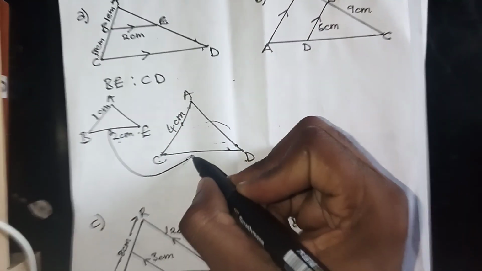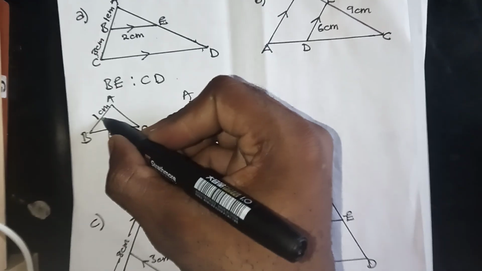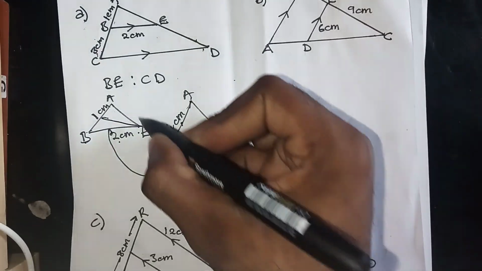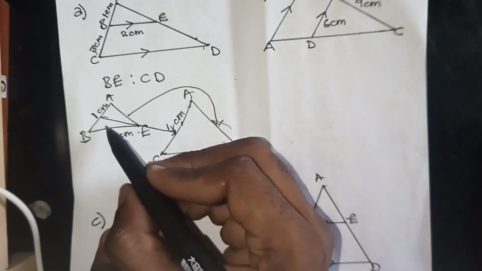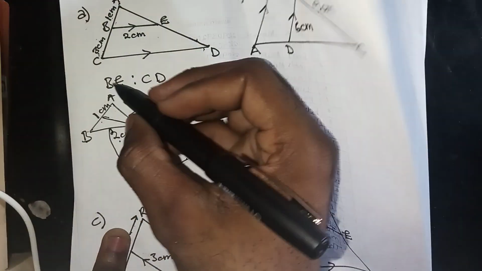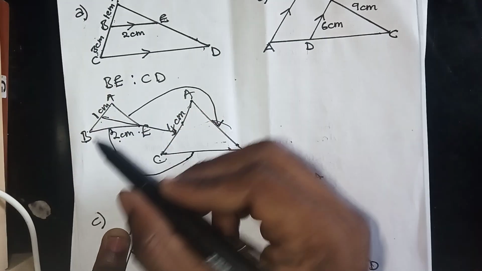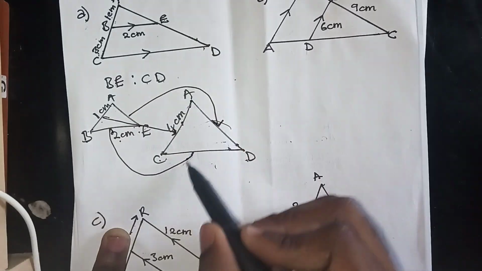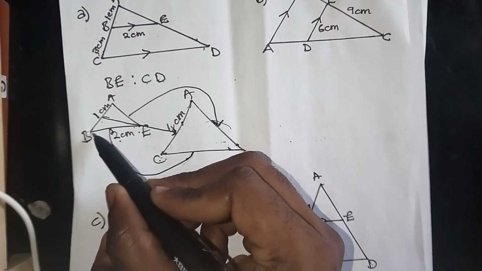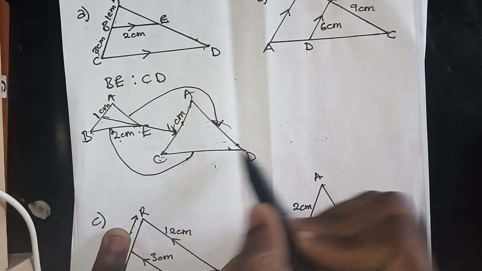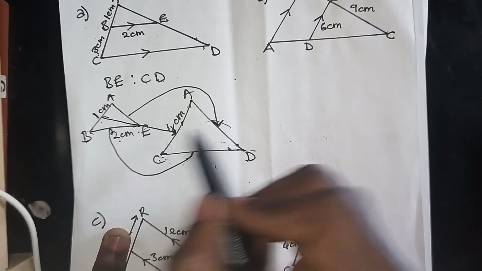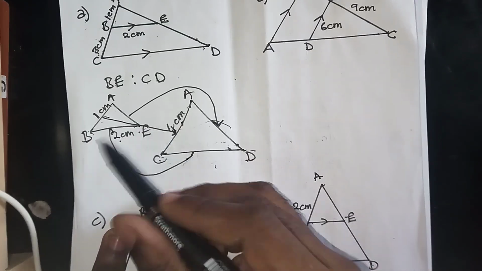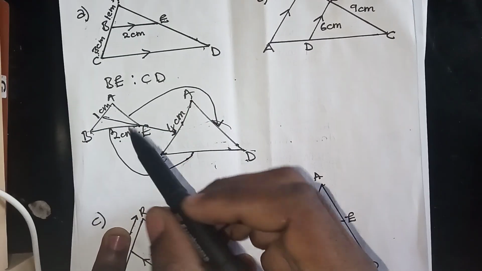So this one corresponds to this, this one corresponds to this, this one corresponds to that. So right now we are trying to find the ratio of BE to CD, which is the ratio of the smaller triangle to the bigger triangle. Just get any of the corresponding sides which have numbers.